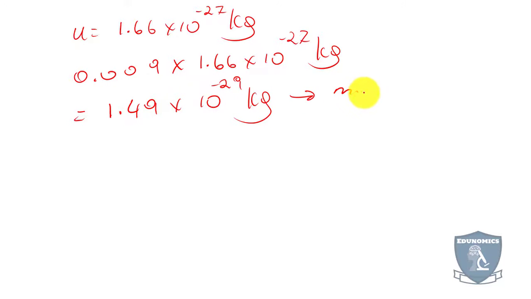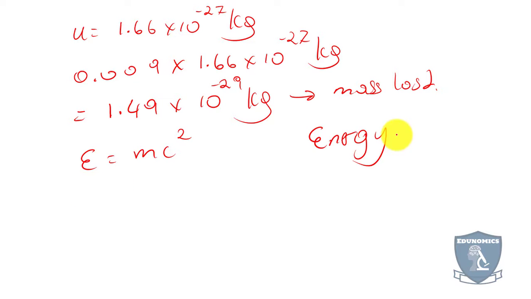So mass lost. Now, since we know the mass loss, we can use the E equals mc squared equation to find the energy loss, because the basis of this equation is that energy is equal to mass.